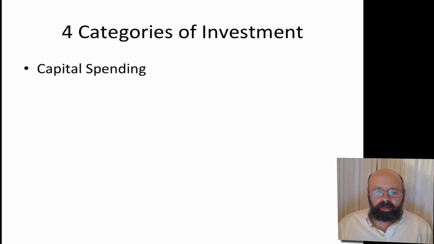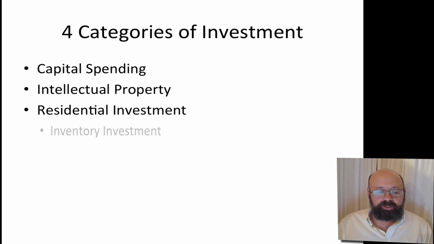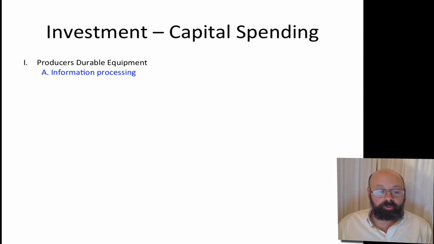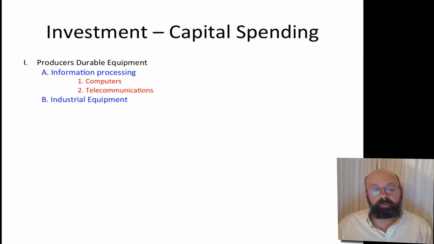All right, moving on, let's talk about investment spending. Investment spending can be broken down into 4 categories. There's capital spending, intellectual property, residential investment, and inventory investment. Let's take a look at capital spending in more detail. That includes producers' durable equipment, and under producer durable equipment comes information processing, which includes computers, telecommunications.